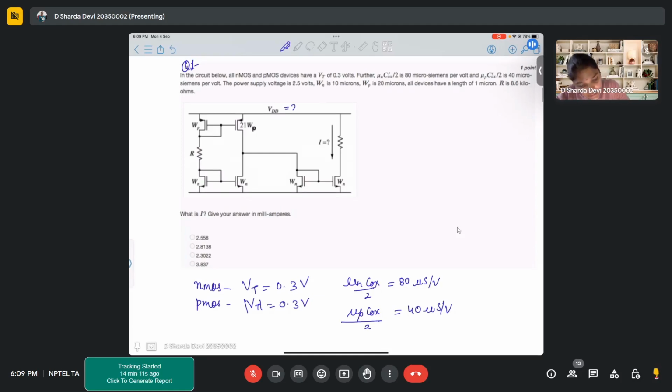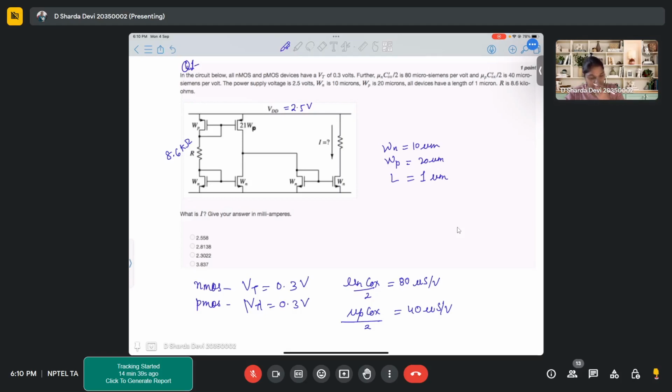The supply voltage is 2.5 volts. Wn is 10 micrometers, Wp is 20 micrometers. L for all the devices is 1 micrometer. This R is 8.6 kilo ohms. And with this information, we have to find this current I.